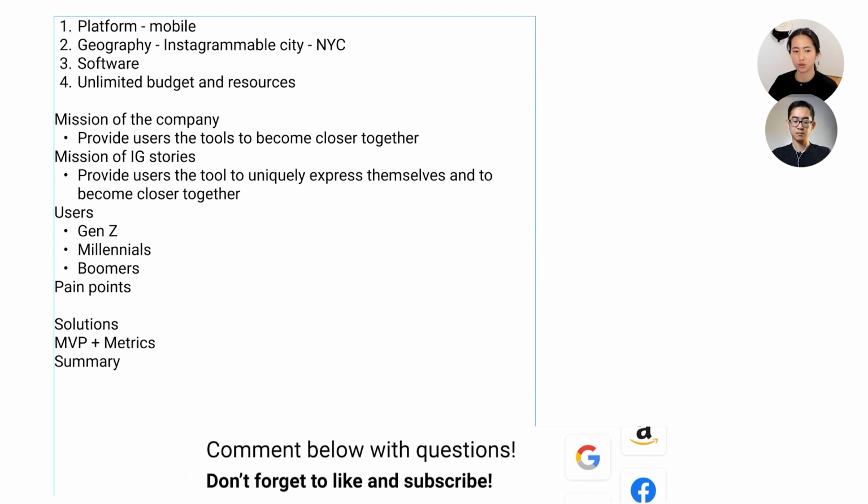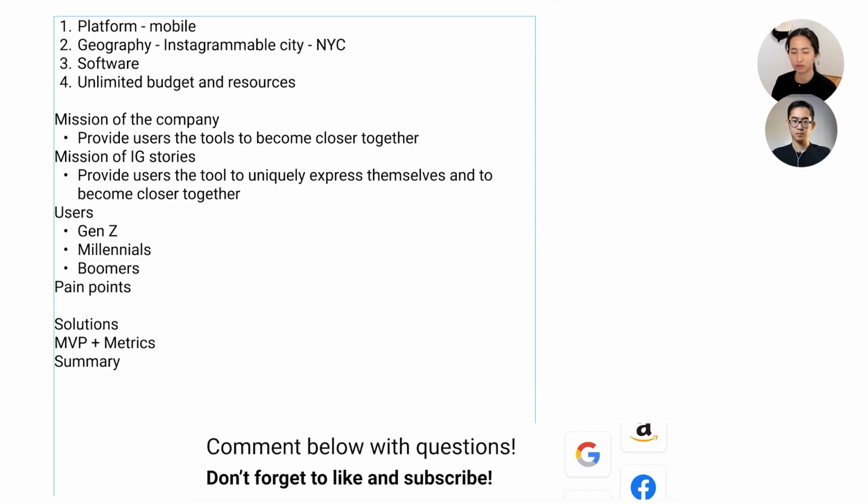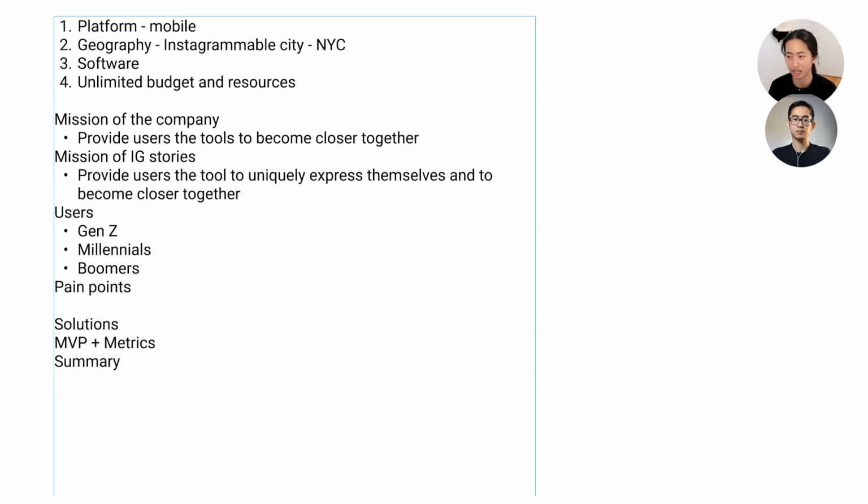Okay, so in terms of users, I think the majority of the users of Instagram in general would be Gen Z. And then maybe a part of that would also be millennials and then boomers. The reason why I segmented our users based on age group is because I think it would apply to any vertical that we get into, whether that would be music or celebrities or tech or stocks or all those verticals.